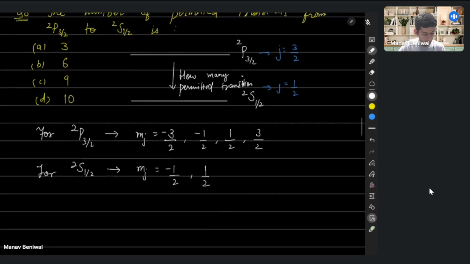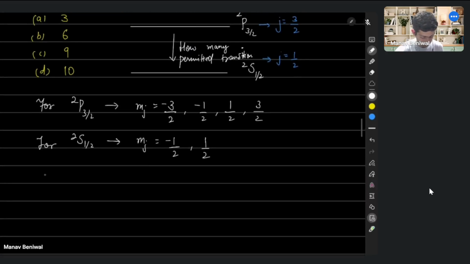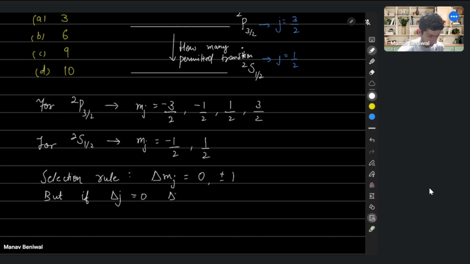So now let's talk about the selection rule. The selection rule is delta mj is equal to 0 or plus minus 1, but if delta j is 0, delta mj equal to 0 is not allowed.